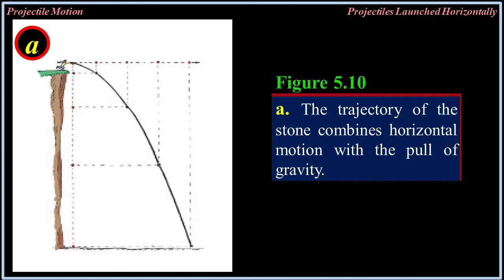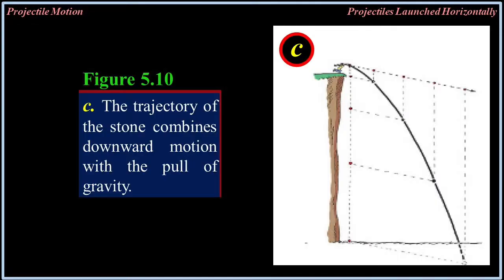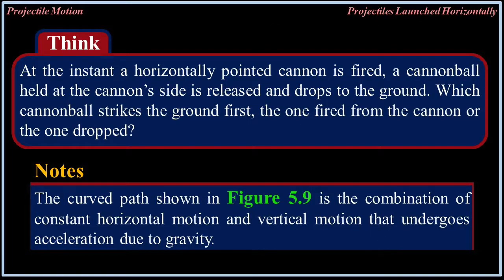B. The trajectory of the stone combines the upward motion with the pull of gravity. And C. The trajectory of the stone combines downward motion with the pull of gravity. Study this figure 5.10 carefully.